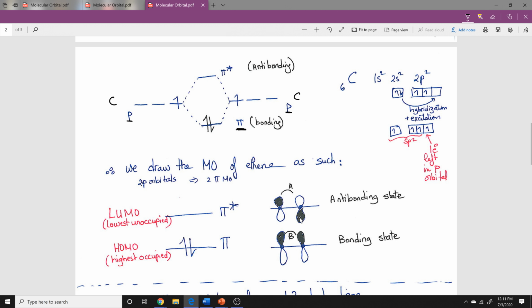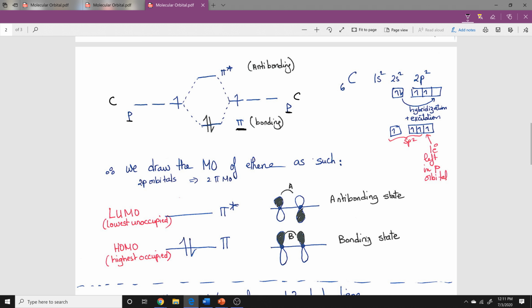So as I said, whenever you're doing any reaction, you would need to consider the highest occupied molecular orbital for the nucleophile and the lowest unoccupied molecular orbital for the electrophile. So search, where is your nucleophile? Draw its molecular orbitals and pick out the highest occupied molecular orbital there. Where's your electrophile?